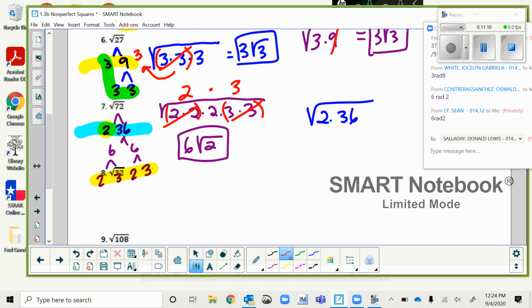And I know that the square root of 36 is just 6. So I'll just pull it out right there. And that would have been faster. But do we care that it's faster if we like the other way better? No, we don't care. Whichever one gets you the right answer is the method that you want to use, whichever one you're more comfortable with.